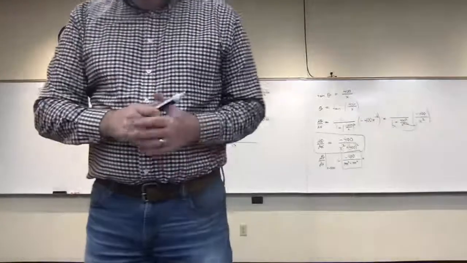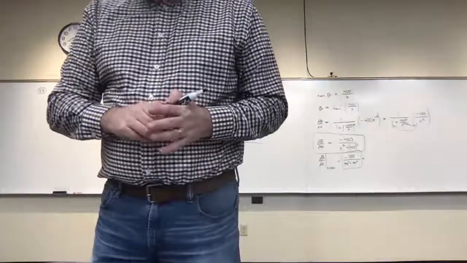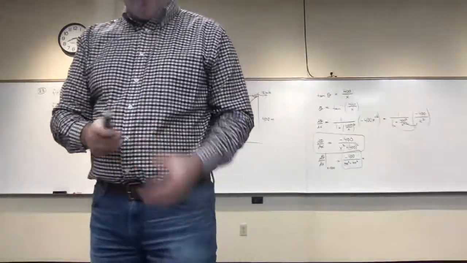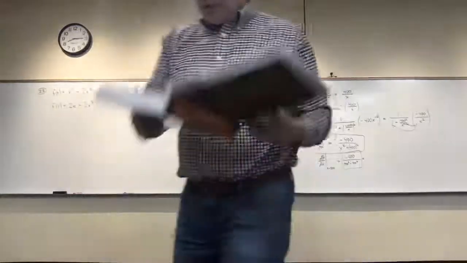Okay, 43 is asking to find the equation of a tangent line to the graph of that function at the given point. Okay, let's do that.